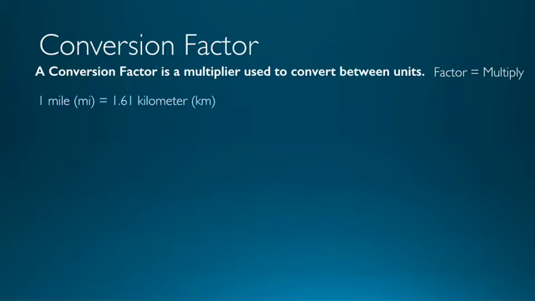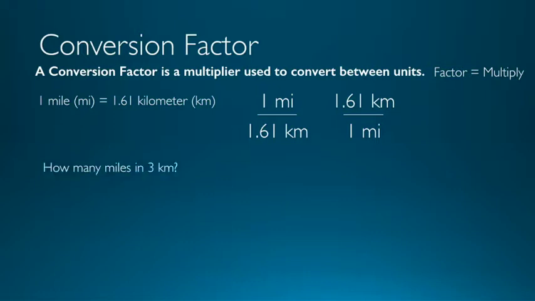Okay, we're going to use the same 1 mile to 1.61 kilometers. There are my two ratios like we had on the previous slide. Except this time, I want to know how many miles there are in 3 kilometers. So I'm going to look at my two ratios and figure out which one to use.